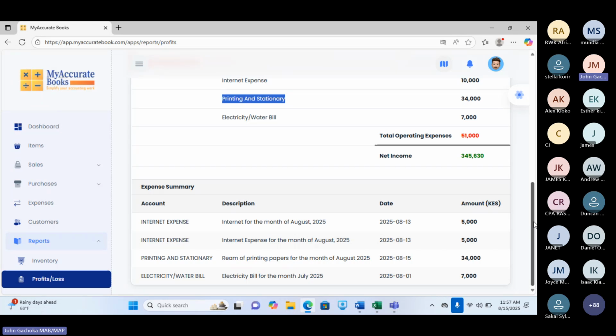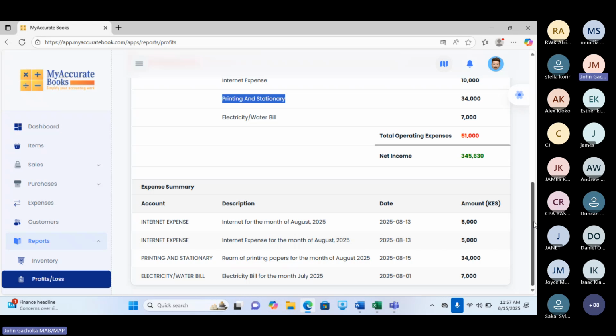So when you download it, there are different sheets that show you different aspects of this report. So when you create an account, you will be in a position to download, whether it's in PDF or Excel.